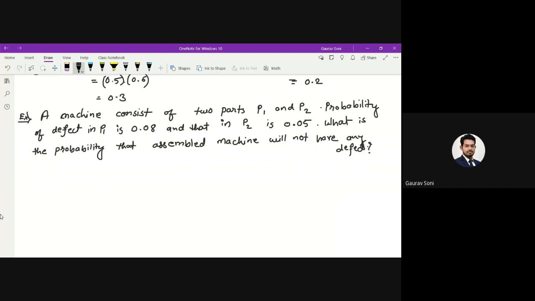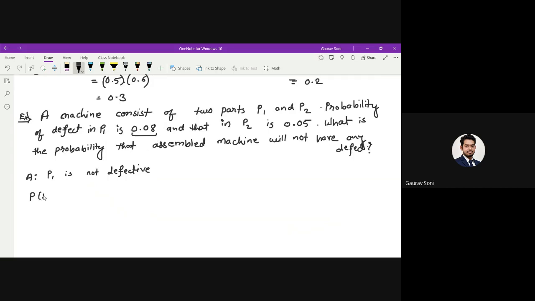So I'll define my event A as P1 is not defective. What is the probability of P1 being defective? Probability of the part P1 being defective is 0.08, right?